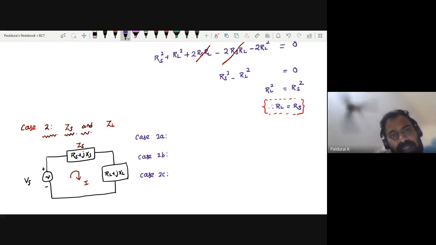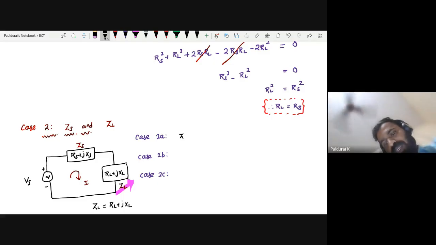Any guess? See, load is variable. What is this load? This is my ZL. ZL should be variable, where ZL equals RL plus JXL.